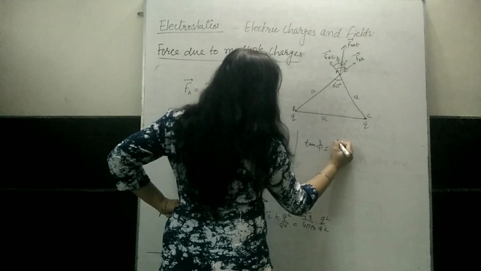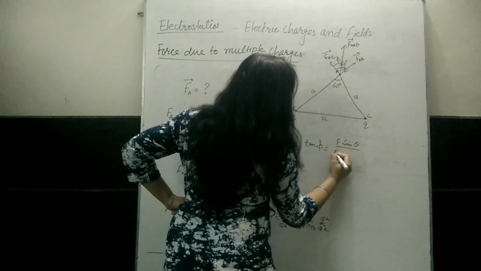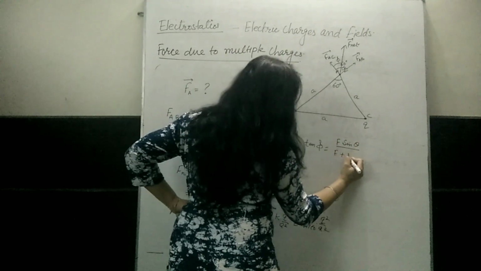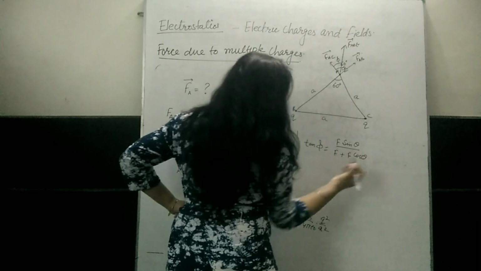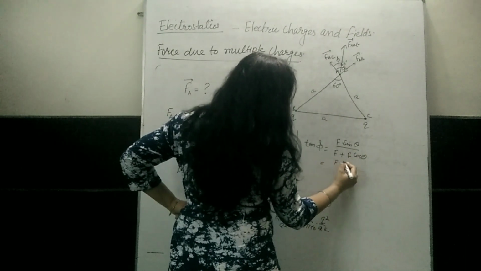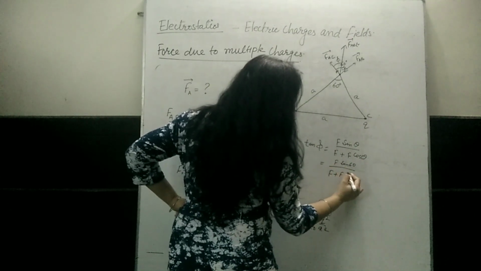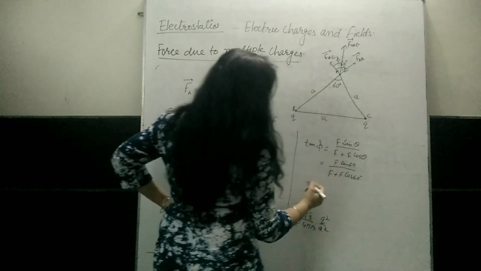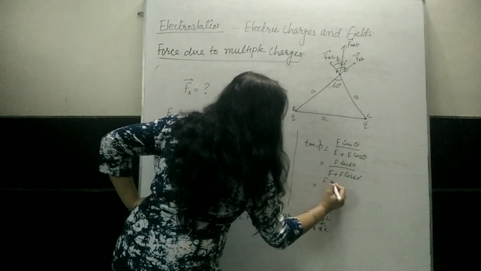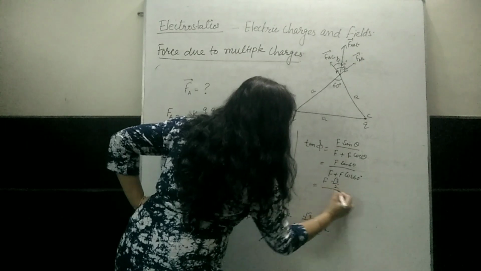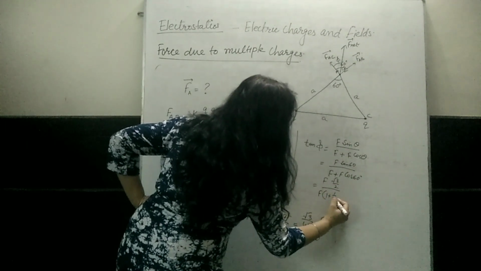With tan phi we can find the direction. So that would be F sine theta over F plus F cos theta, because both of the forces are F here. Theta here is 60 degrees. So F sine 60 over F plus F cos 60. Sine 60 is root 3 by 2, and I take F common from the denominator, 1 plus cos 60 is 1 plus 1 by 2, that is 3 by 2.